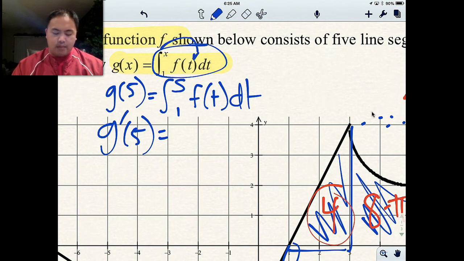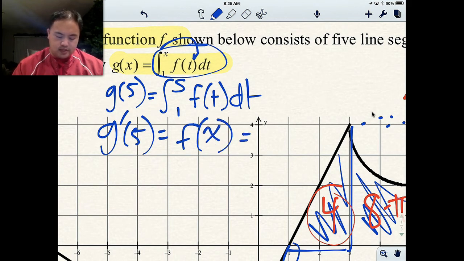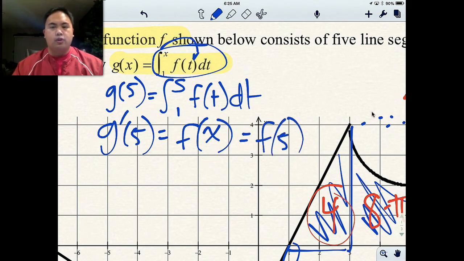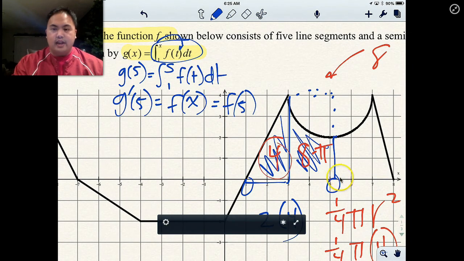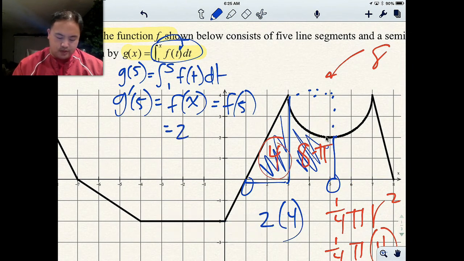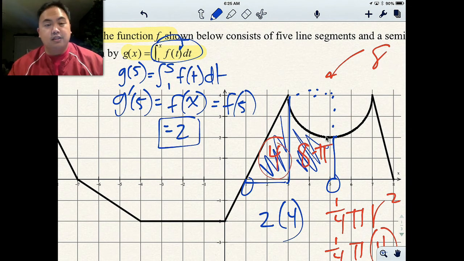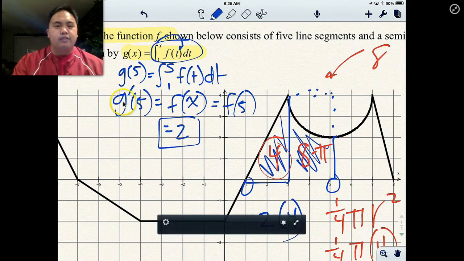So g prime of 5 is the same thing as f of x, or in this case, because x is 5, it means the same thing as f of 5. So really, long story short, all I want to do is look at this graph and ask what is the y value when x is 5. So here is x equal to 5. My y value is 2. So g prime of 5 is 2. I know it sounds confusing, but remember, the derivative of the antiderivative is just plug in 5 for x. If I plug in 5 for x, my y value is 2.